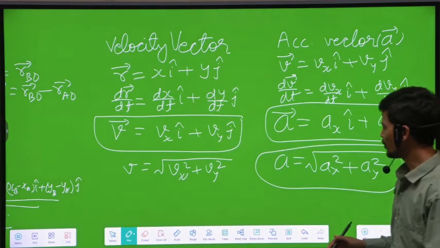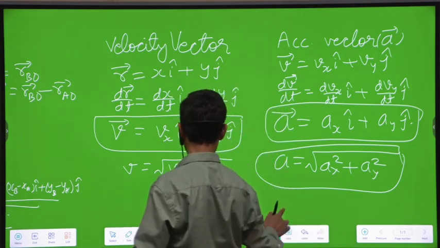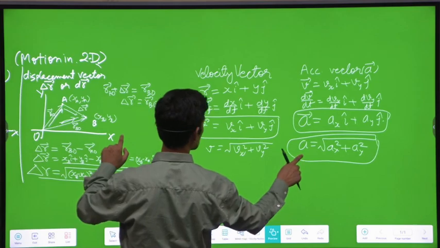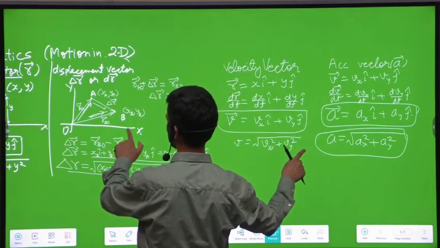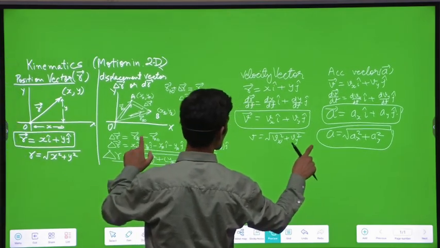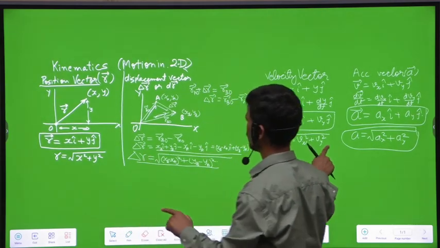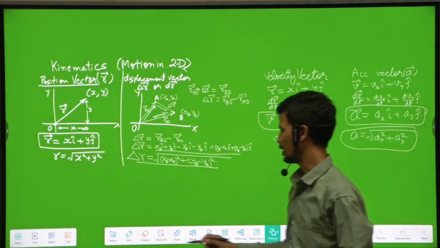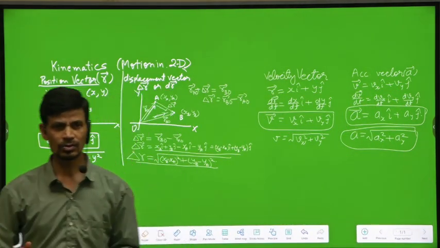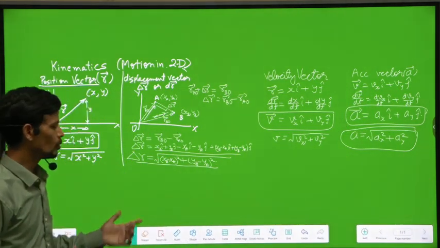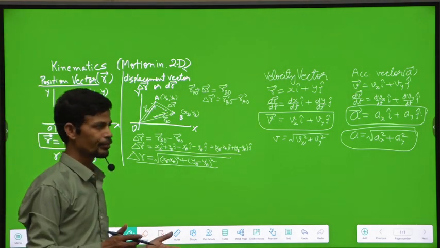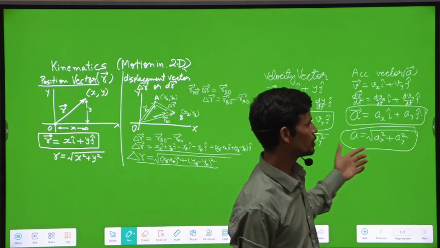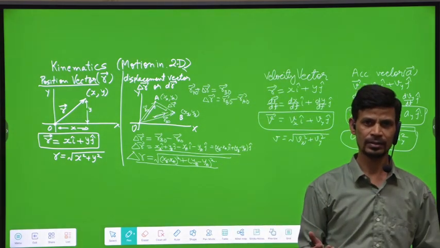So in all of these concepts, if we take a summary of it, you can see there are two components all the time. So in order to solve problems based on motion in 2 dimensions, we can work upon the components.